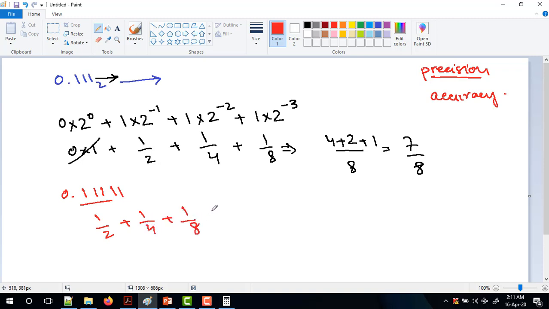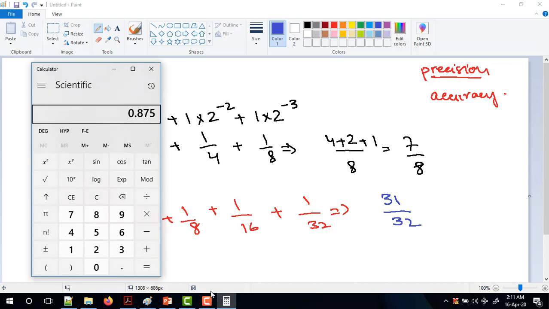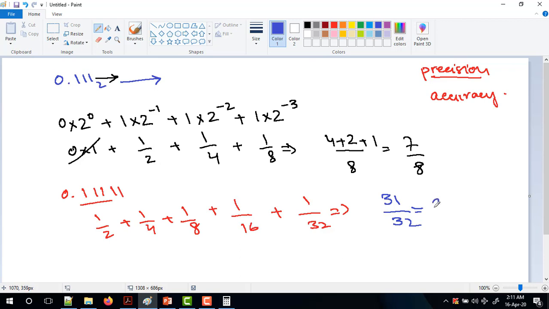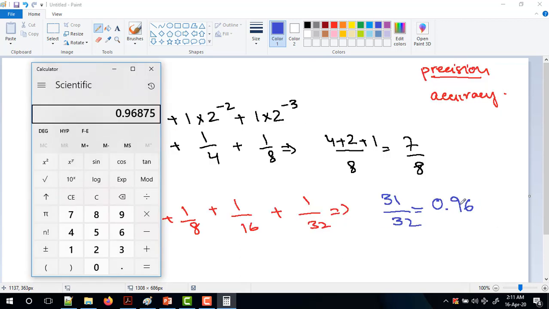Then we have two more terms, 1 upon 16, and then I have 1 upon 32 also. If we add all these things, we're going to have 31 upon 32. And if I do the math again, 31 divided by 32, I'll get 0.96875.